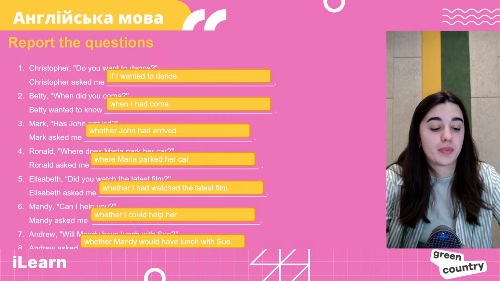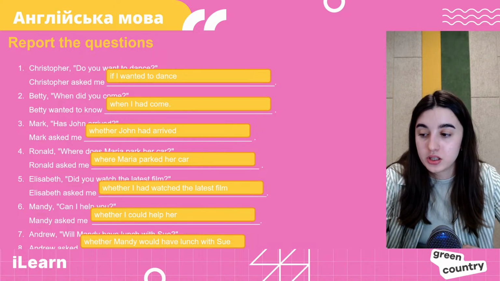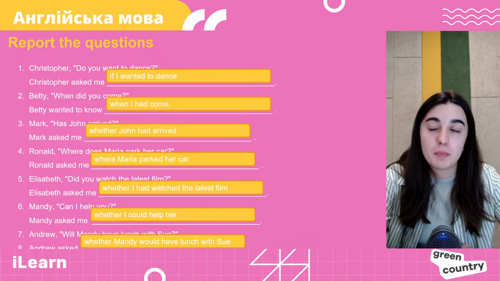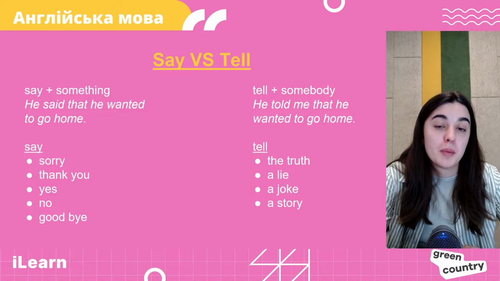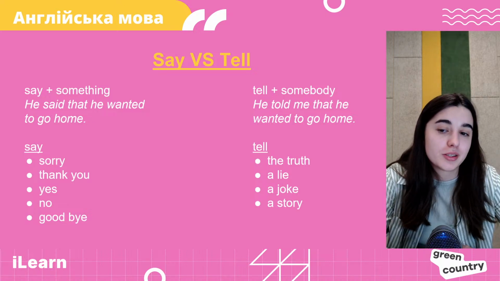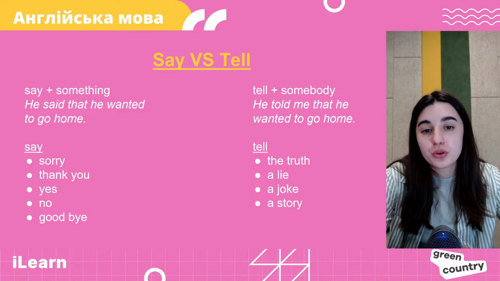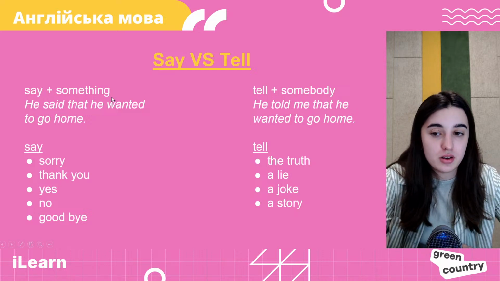So, it's okay. But I also wanted to talk about such words as say and tell. Because in reported speech, these two words are quite popular. So you need to remember that say we use with something.